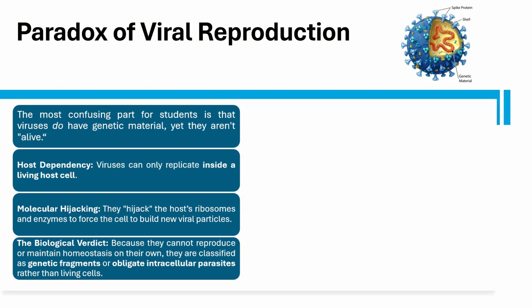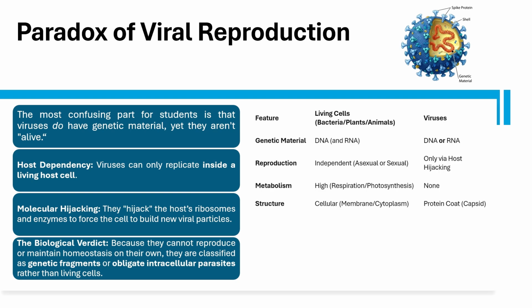To reproduce, a virus must perform molecular hijacking. It attaches to a living cell and injects its genetic material. It then hijacks the host ribosomes and enzymes, forcing that cell to stop its own work and start building new viral particles.